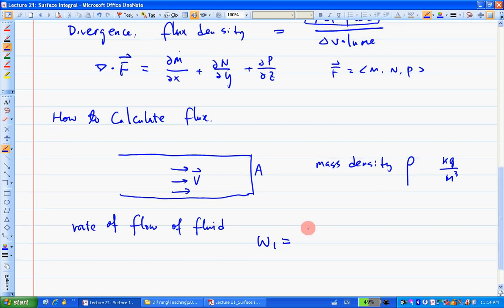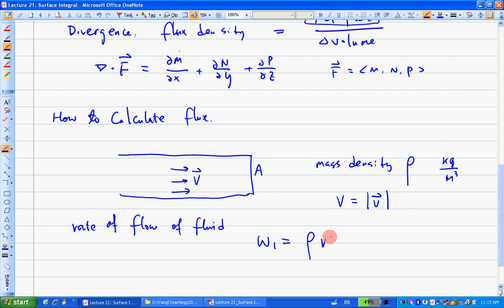So W1 will be what? It will be your mass density rho multiplied by this velocity V. The V here is perpendicular to A, so let's say the magnitude of V is, yeah, velocity.